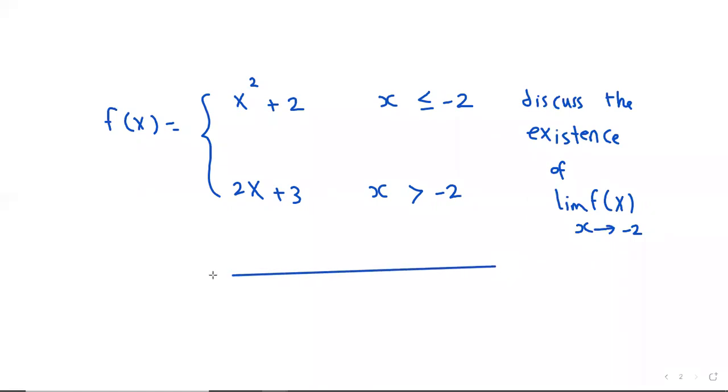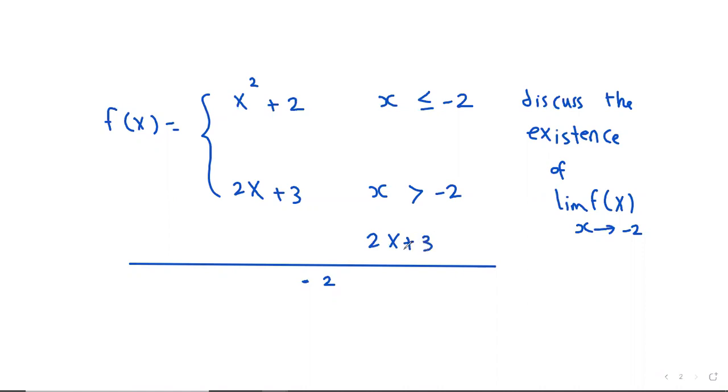So we can draw the number line here, and here's -2. We write 2x plus 3 on the right, because x is greater than -2, and on the left, x less than or equal to -2, we write x squared plus 2.